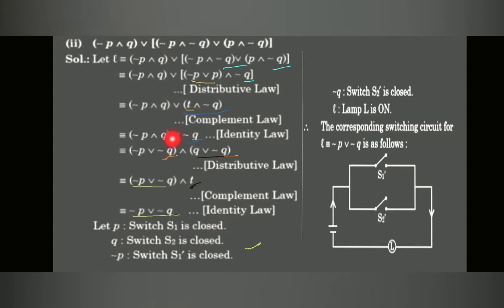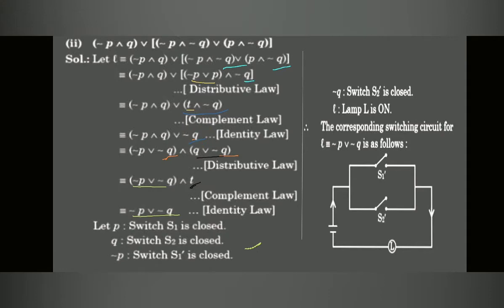Now apply the identity law again. This bracket is written as it is, (¬P ∧ Q), or, by the identity law, T and ¬Q is ¬Q.